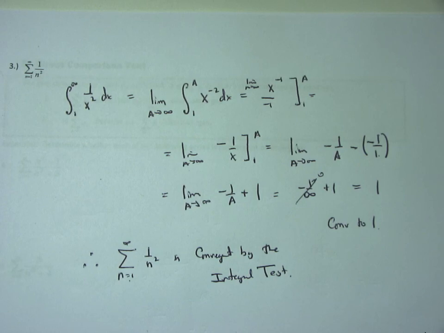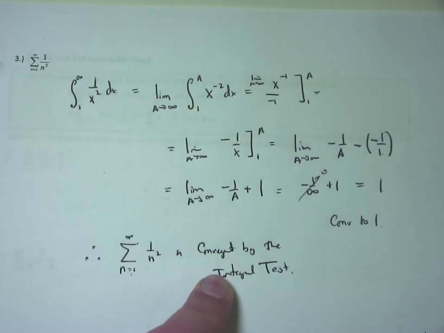But notice the last two problems. I had the sum of 1 over n, which was the harmonic series, which diverged. And then I just did the sum of 1 over n squared, which actually converges. I told you guys last time that the harmonic series is a line drawn in the sand, that if you fall on one side versus another, you're either going to converge or diverge, and that line is the harmonic series.